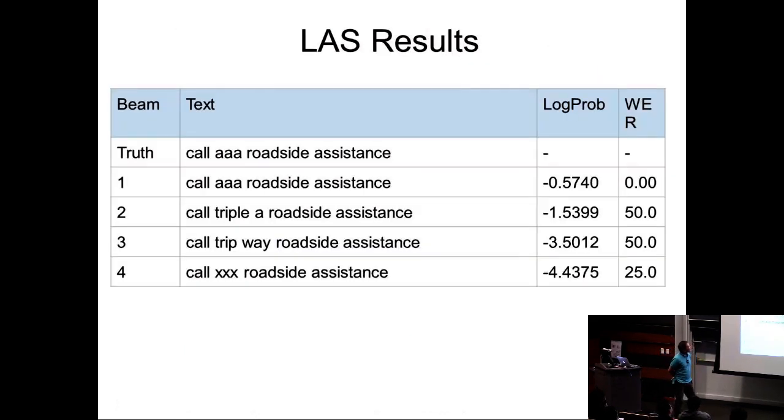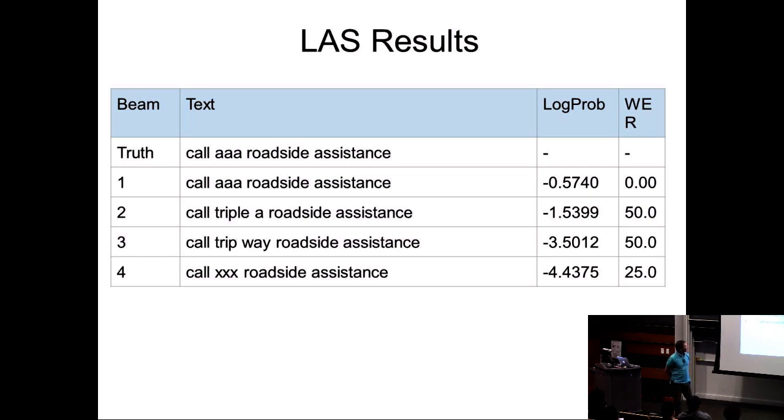And here's what they've shown. Somebody is saying "call AAA roadside assistance," and then from the beam search, from the decoding, they've got "call AAA for road assistance," or the second best example, "call AAA road assistance."